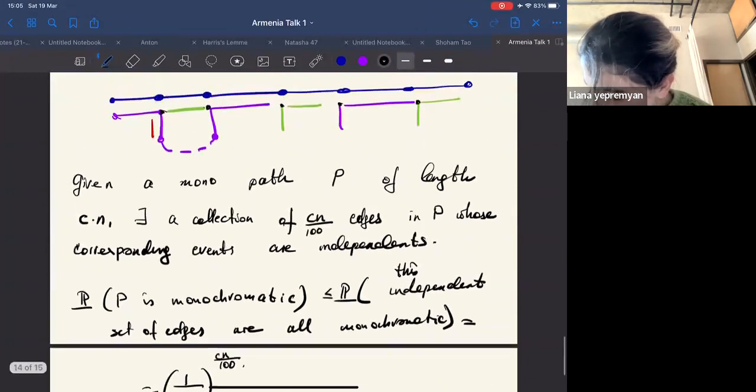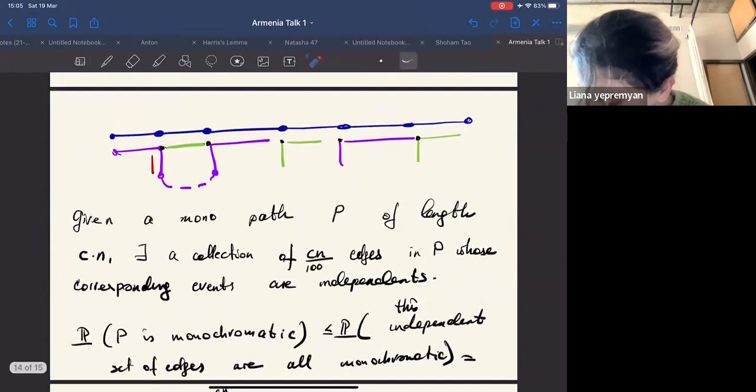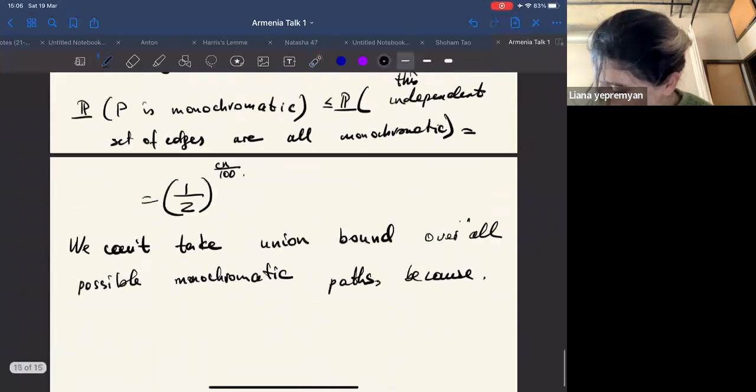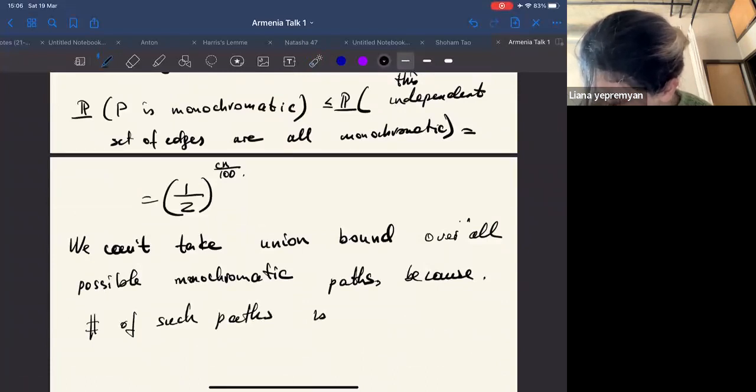To imagine why, say this is my blue path. How many such blue or red paths are possible? At every vertex I have a choice of going via the purple or via the red, so it's roughly 2 to the n. It's too big because the number of such paths is too large.